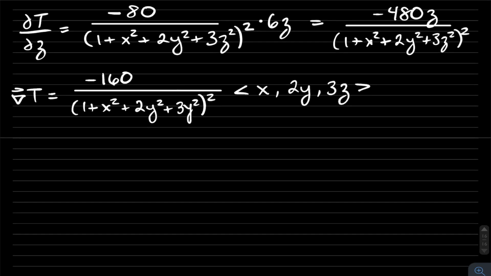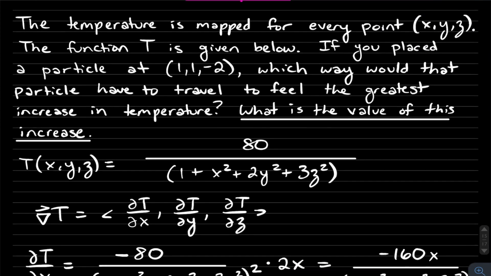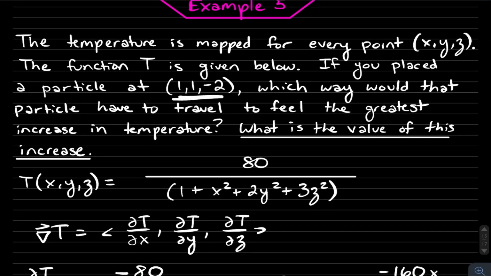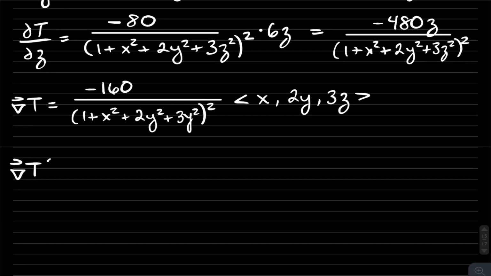Anyways, let's move on and plug in our point, and hopefully, okay, yeah, our point is 1, 1, -2. I was going to say, hopefully our point is something really low in numbers, because we have some big stuff here that we're dealing with.